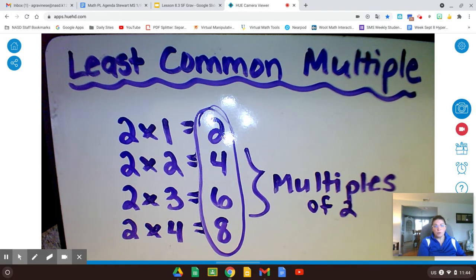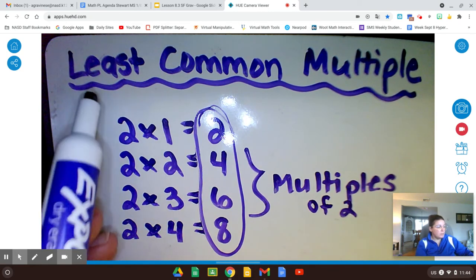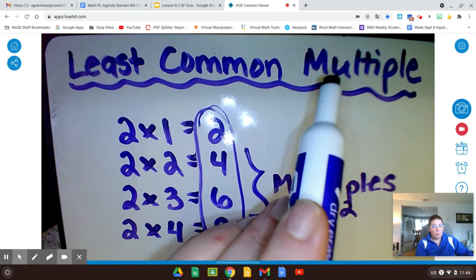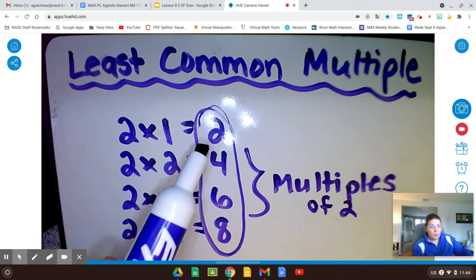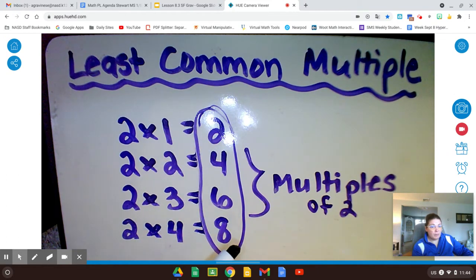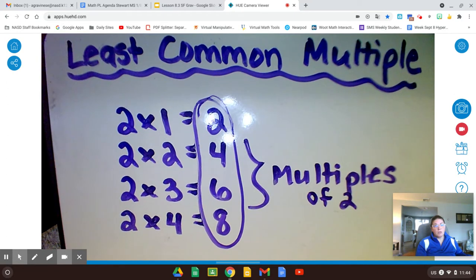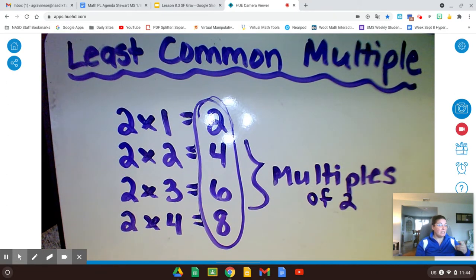It will be useful. So we're not only just talking about multiples of numbers today, we are finding the least common multiple of a set of numbers. So numbers have multiples in common, all right? And we are looking today for the common multiple that is the least.